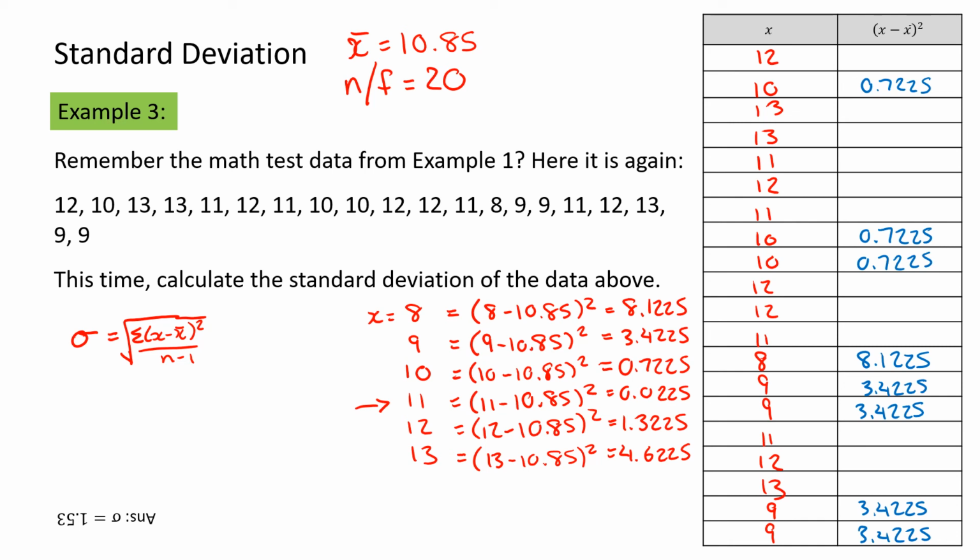Okay. For 11, it's 0.0225. Again, I'm just going to write that in each point. For 12, it's 1.3225. So in each spot where there's a 12. And lastly, we have 13, which is 4.6225.